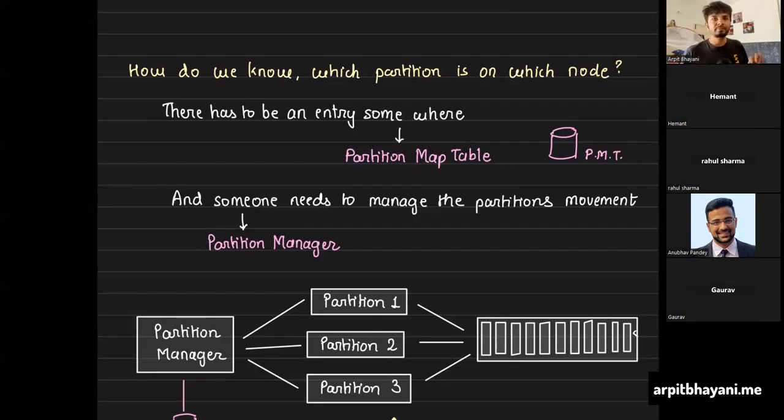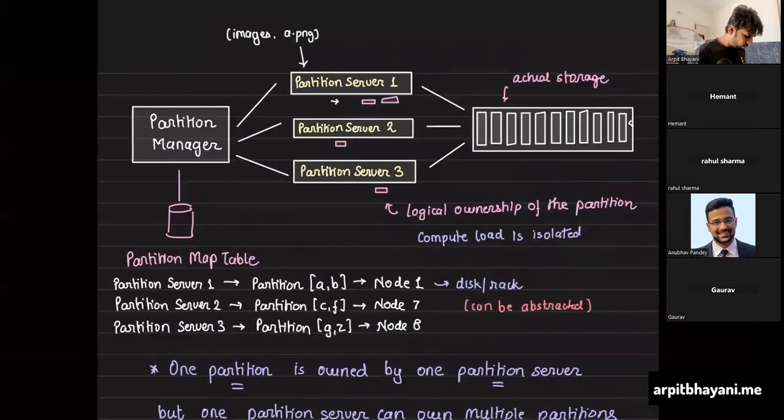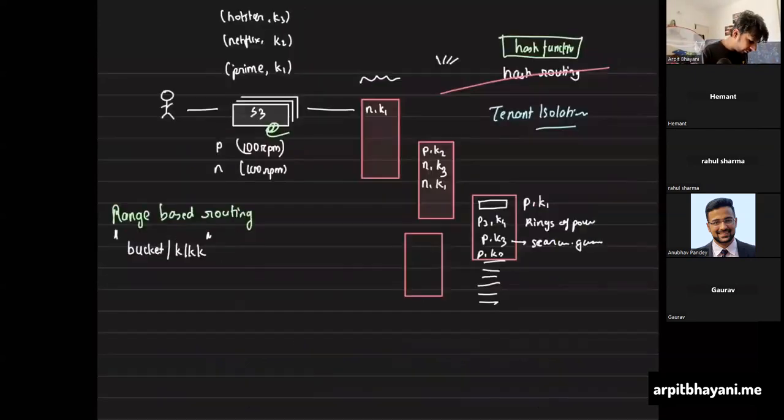When it comes to the API server, a very basic way of building it is: I have a user, I have a bunch of S3 API servers, and I directly plug storage into them. Something like this.